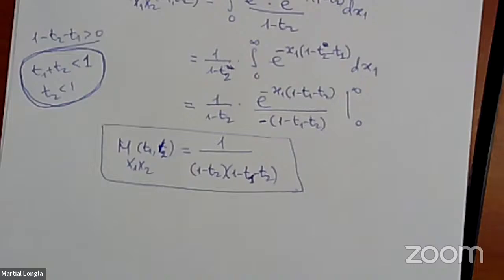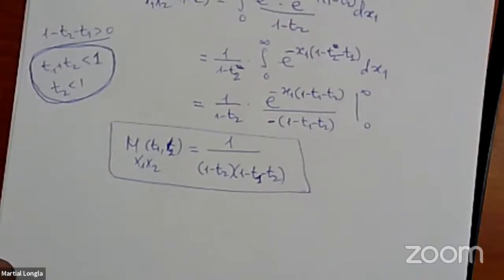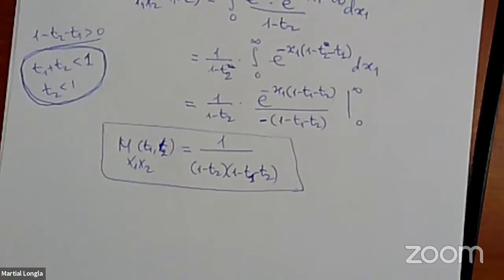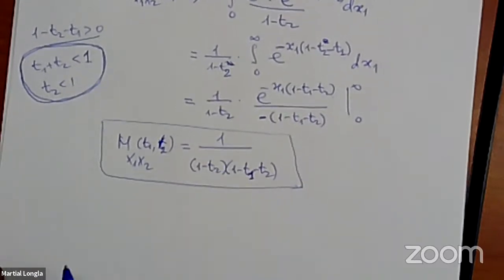The reason being that the two random variables in this case are not independent. The moment generating function can only be written as a product of the moment generating functions of the components if they are independent. If you start with independent random variables, then you are going to end up with a moment generating function equal to the product of the two.